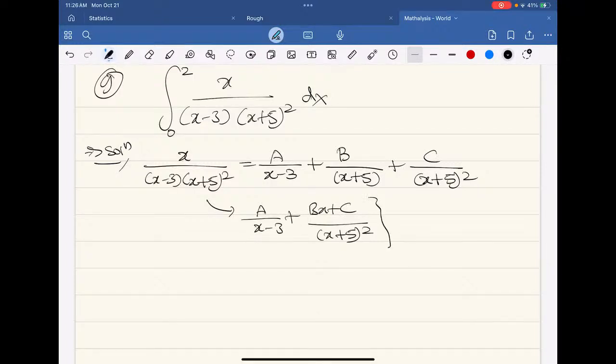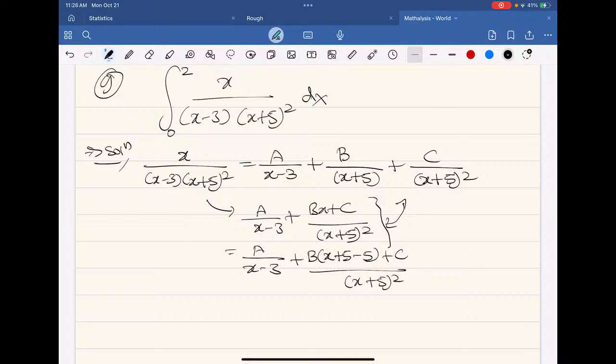Now basically these two are the same. Let me show you. So we can basically write this as A by x minus 3 plus, I can introduce (x plus 5 minus 5), right, plus C by (x plus 5) square, and that will be A by x minus 3 plus B(x plus 5) and then minus 5B plus C divided by (x plus 5) square.